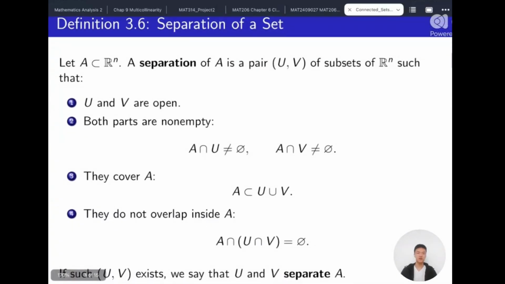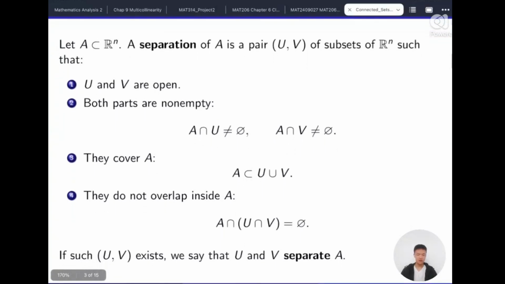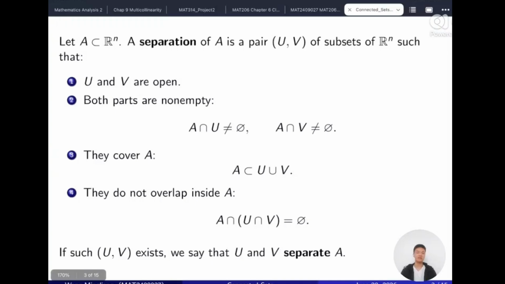And here's the definition of separation. A separation of A is a pair U, V such that we need to check 4 conditions. For 1, we need to check U and V are both open. For 2, we need the intersection of each with A to be non-empty.